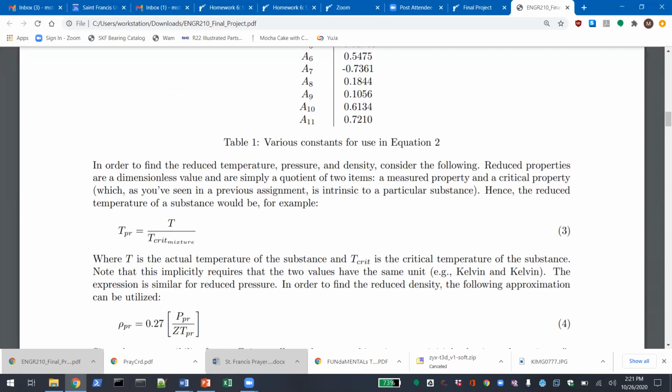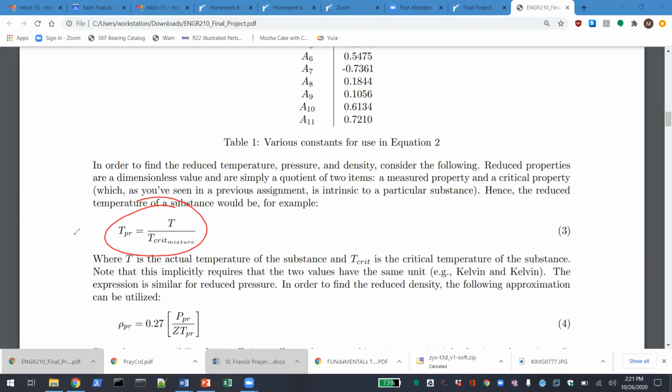First thing's TPR. So TPR is this guy, T over T crit mixture. So T is just the temperature of the mixture. So you have some mixture of gases, and it's being heated to some temperature.